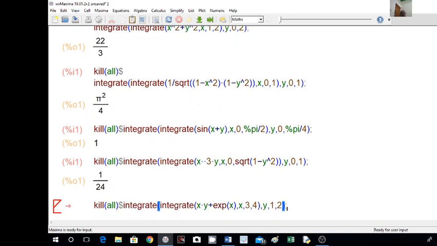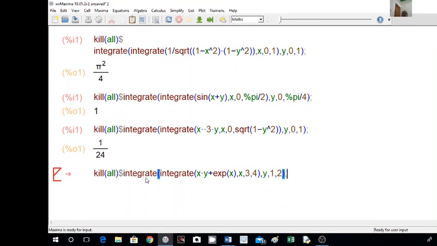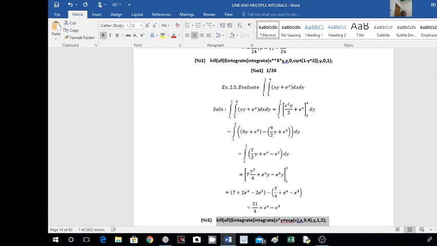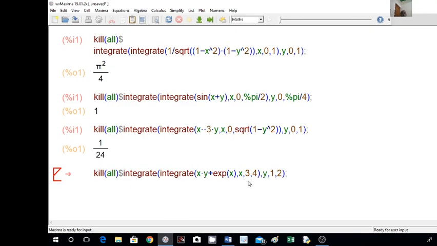Integrate xy plus e raised to x, now my function is xy plus e raised to x. x ranges from 3 to 4, y ranges from 1 to 2.